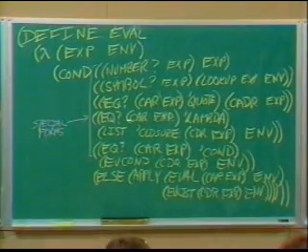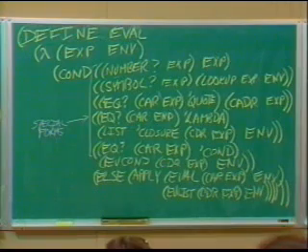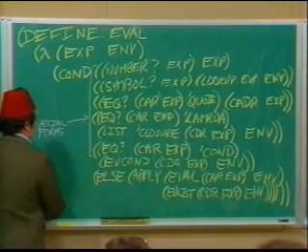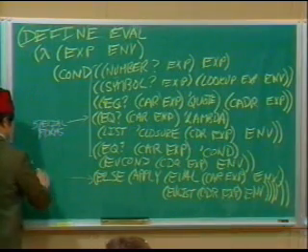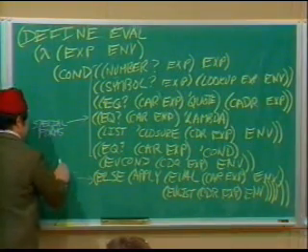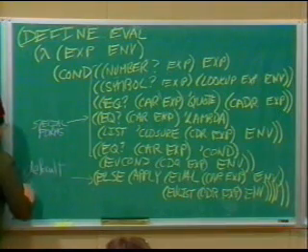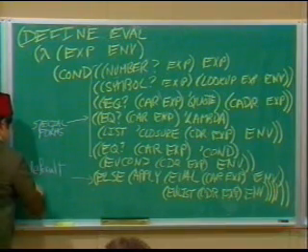Okay? So that what you're seeing here now is pretty much all there is in the evaluator itself. It's the case dispatch on the type of the expression with the default being a general application or a combination.